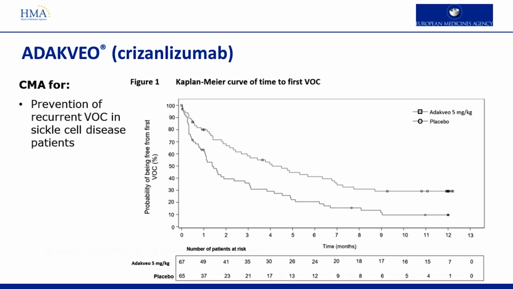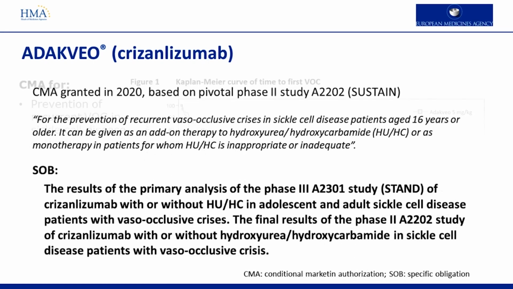Next slide. Given the limited treatment options, a high unmet medical need in sickle cell disease patients, the debilitating nature of the disease, and even though the data package was not yet comprehensive, it was concluded that immediate availability of the drug would outweigh the risk inherent in the fact that additional data were still required.